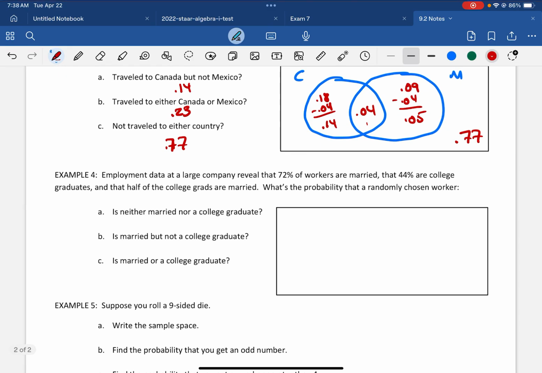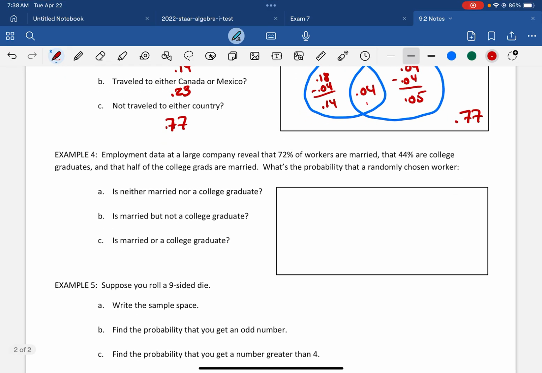Okay. All right. Right now, it'd be a good idea to pause the video and try number 4 and see if you can get it right on your own, because we just did one similar to it. So hit pause now, do it, and then you hit play. You'll see the answers.